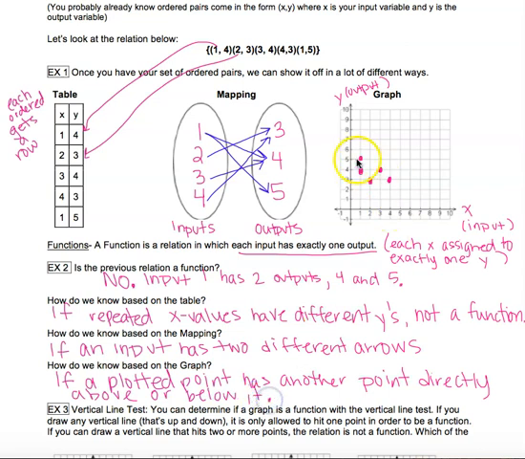So if you look here, these 2 points are directly above and below each other. None of the others are, so it's these 2 together that cause the problem.